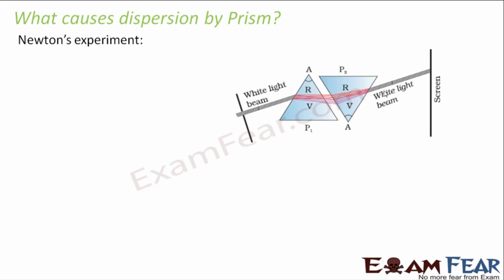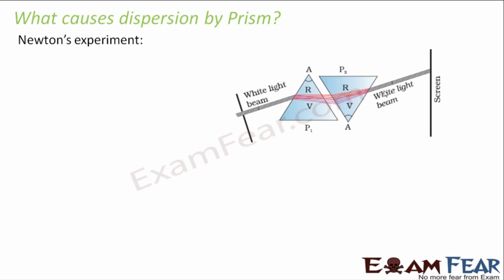So what did he conclude? With this experiment performed by Newton, the old myths got an answer. Because in earlier days, people thought that whenever white light was passed through a prism, different colors were obtained, so they thought that there is something inside the prism which produced those colors. But that was not correct, because if that would have been correct, in this case also, the spectrum should have been the output.